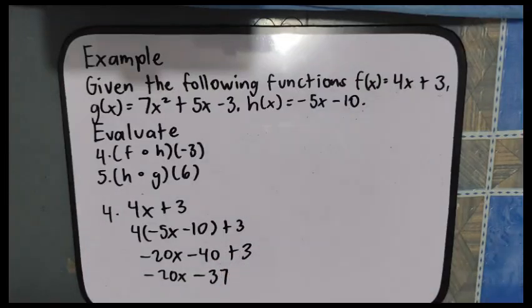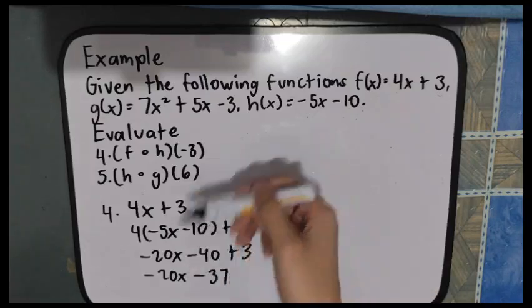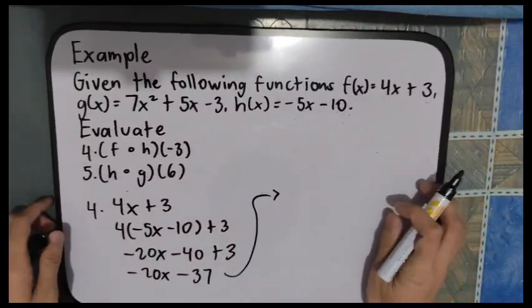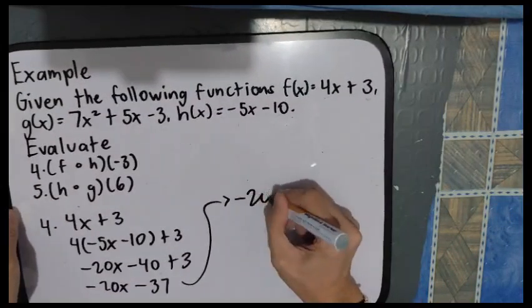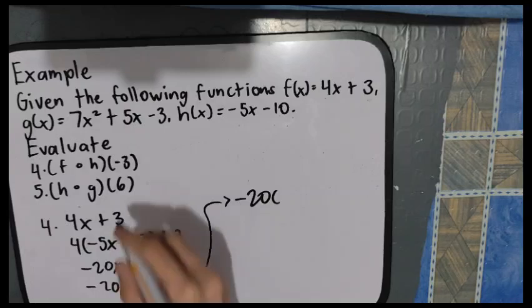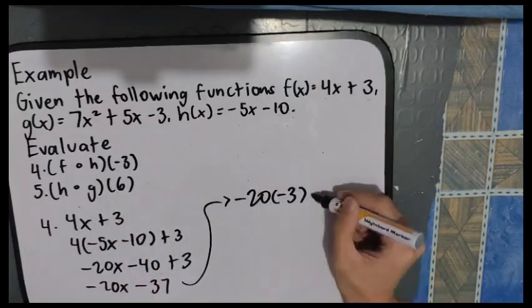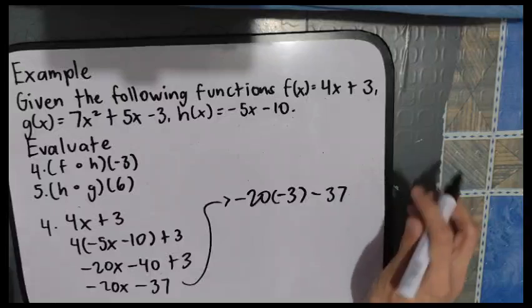The first part is done, so the second part will be evaluating, substituting x with the value of negative 3. So copy negative 20 and then change x with negative 3. And then copy negative 37.